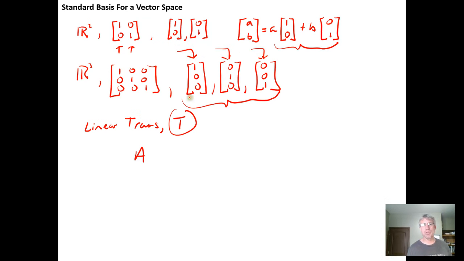And we'll actually build, in the next video, the transformation matrix that goes with the given linear transformation by looking at how the transformation changes the standard basis for Rm, and then constructing a matrix from the transformed basis vectors.